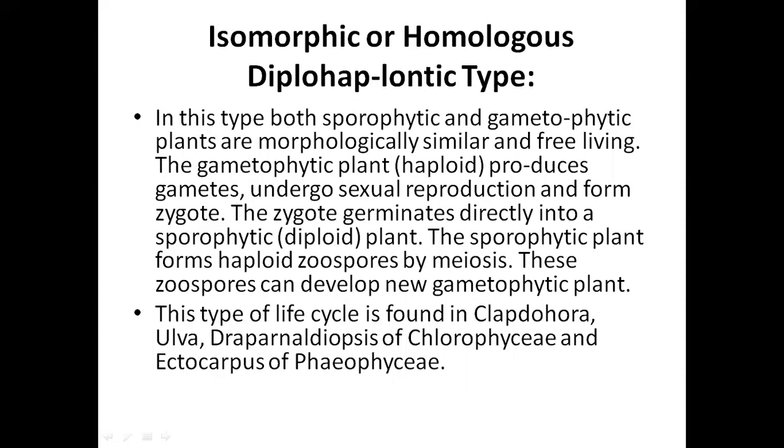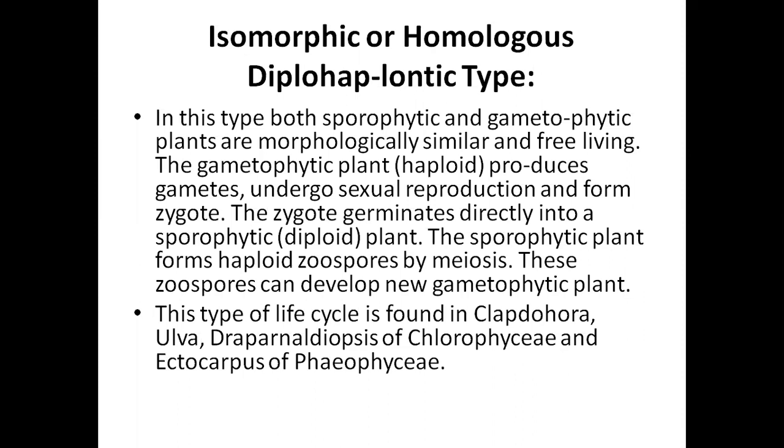Okay, now in this type, isomorphic or homologous diplohaplontic type, both sporophytic and gametophytic plants are morphologically similar and free living. That means by the outer appearance, morphologically means outer appearance are same. Gametophytic plant haploid produces gametes.